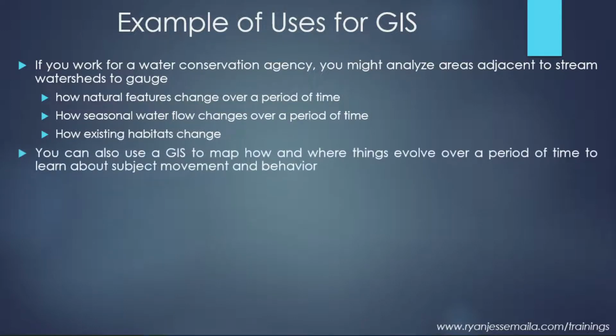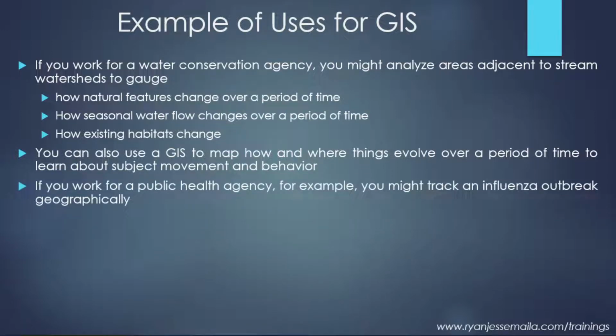You can also use a GIS to map how and where things evolve over a period of time to learn about that subject's movement and behavior. If you work for a public health agency, you might track an influenza outbreak geographically, or any other outbreak that might come up, and in so doing, you determine its origin.